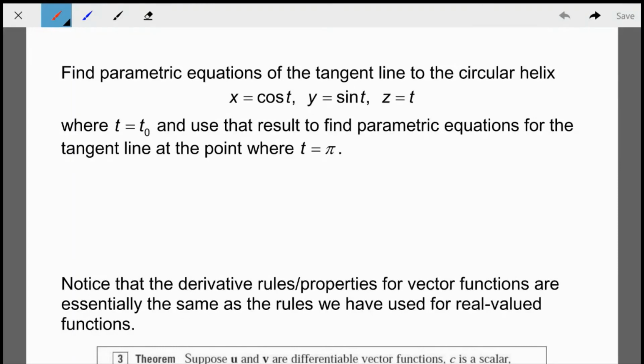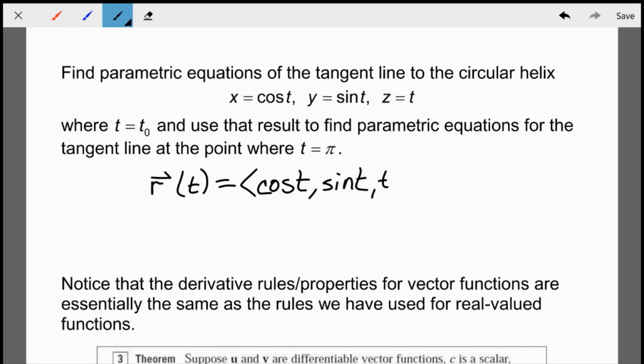Okay, so they asked us to find parametric equations for the tangent line at the point where t is equal to pi. Okay, so this is very simple to do, finding the equation of a line. Remember, just like before, when we want the equation of a line, we need a point and we need a slope. So I know that my vector function here would be equal to cosine t, sine t, t.